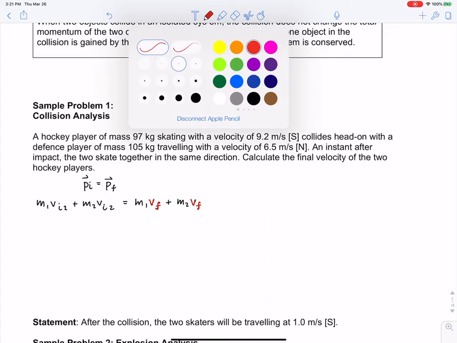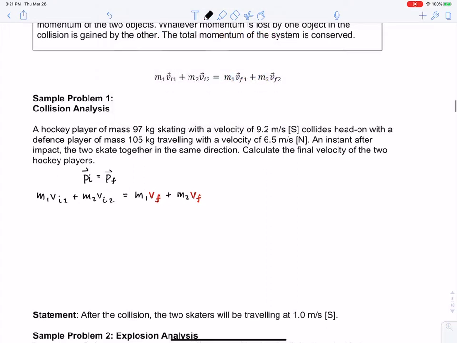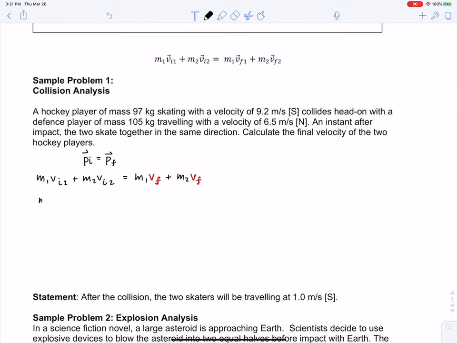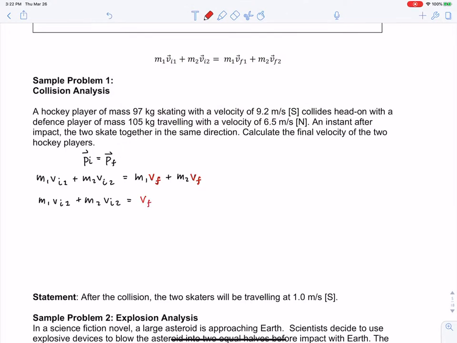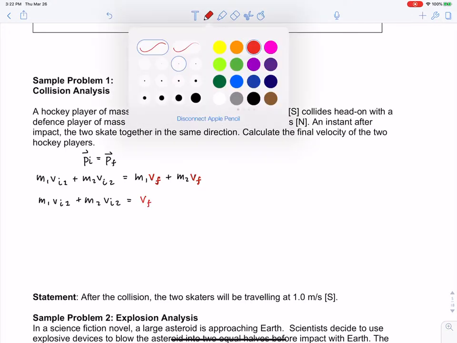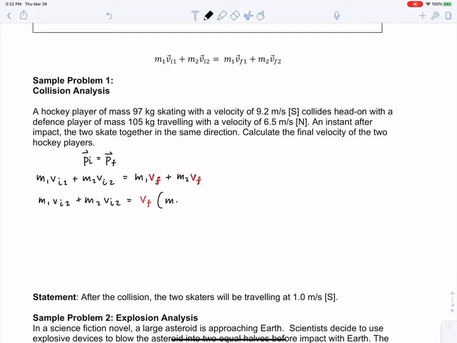In fact, we're going to use this to simplify our calculation. So we have m1 vi1 plus m2 vi2 is equal to final velocity times m1 plus m2.